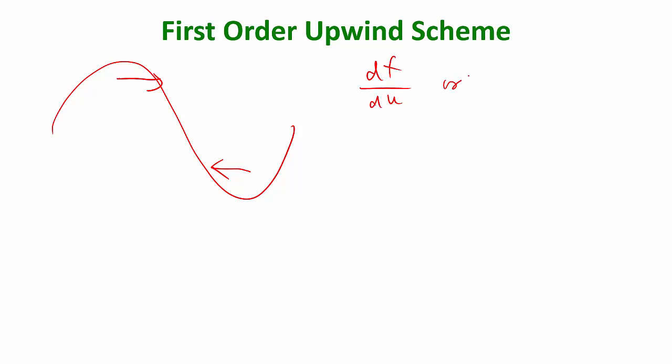DFDU, or delta F delta U, tells us the speed of characteristics of shock waves. So that is what we should look at in determining if we should look towards the left or should look towards the right. If dF/dU is greater than 0, we should look at the left. If dF/dU is less than 0, we should look towards the right.